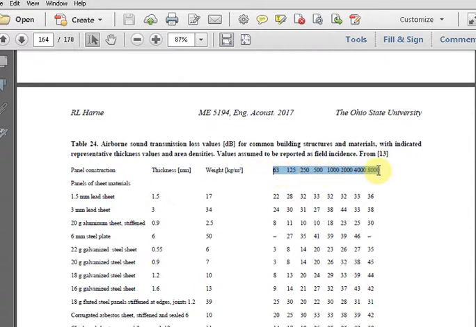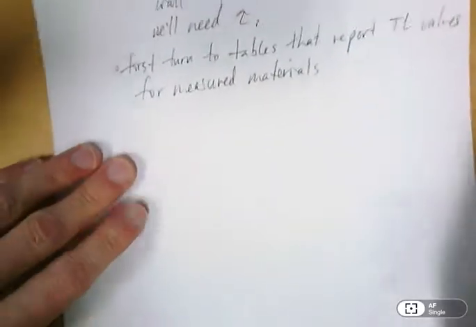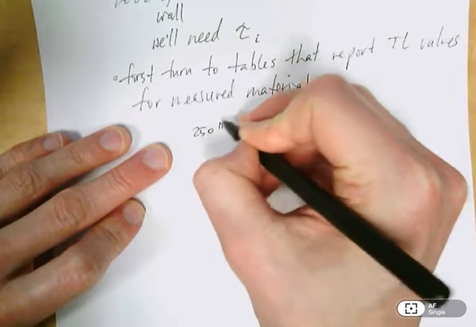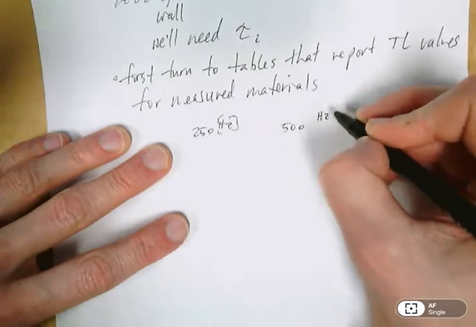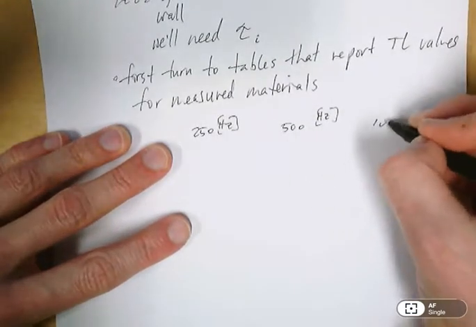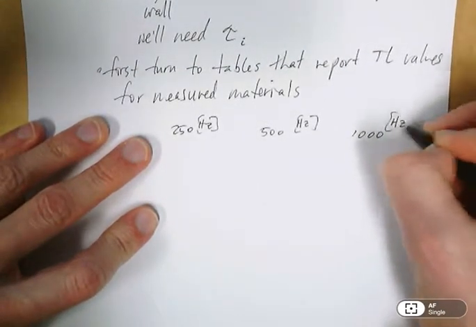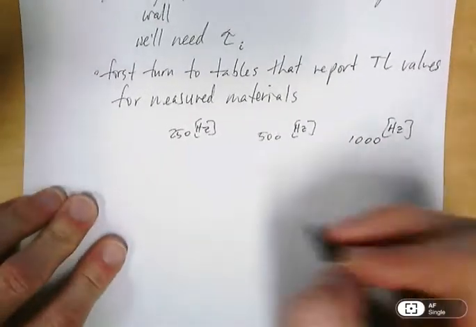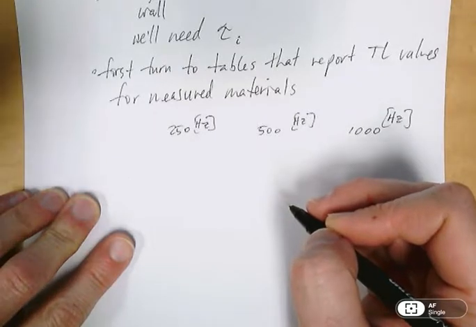So let's do a problem here in the octave bands of 250 hertz, 500 hertz, and 1000 hertz. So let's then write out the transmission loss for these materials.